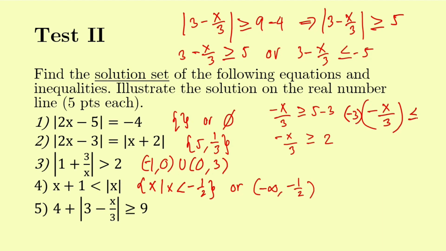Take note kasi, we are multiplying a negative number para maalis yung denominator na 3 at the same time yung negative ni x over 3. So it's less than or equal to negative 3 times 2, and that's equal to x is less than or equal to negative 6.